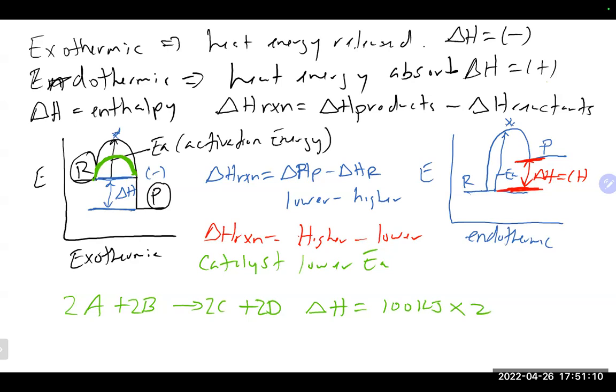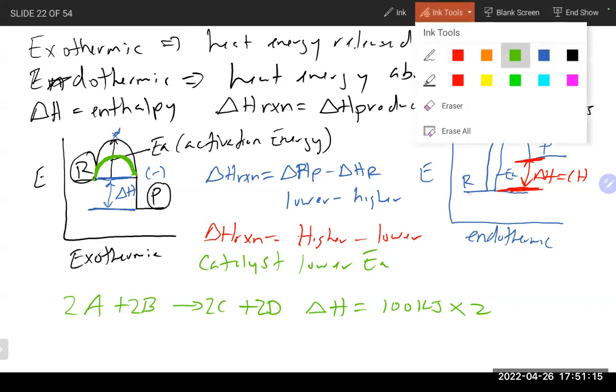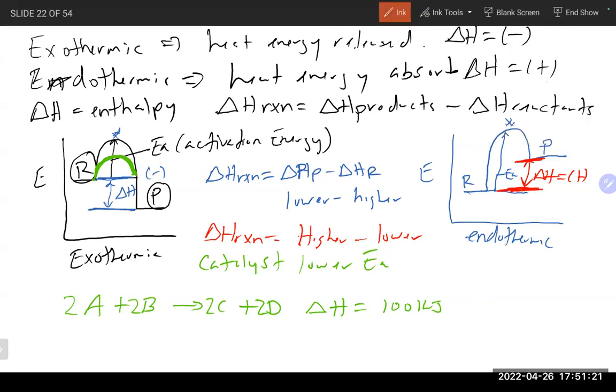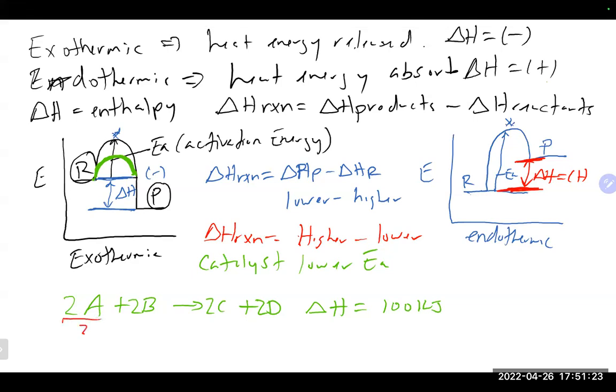Also, if you needed to go back across and divide by a common number, so let's just say in this case you needed to divide by 2, you would go through and divide by 2. You would divide your delta H value also by 2.